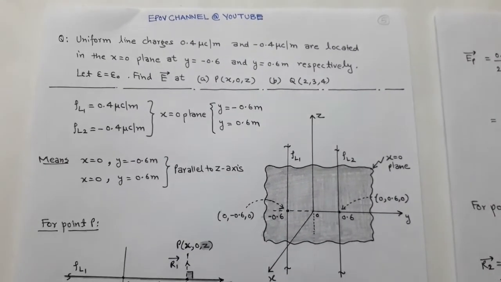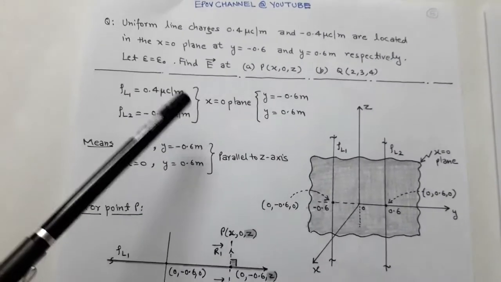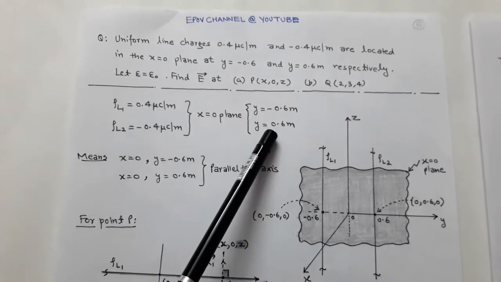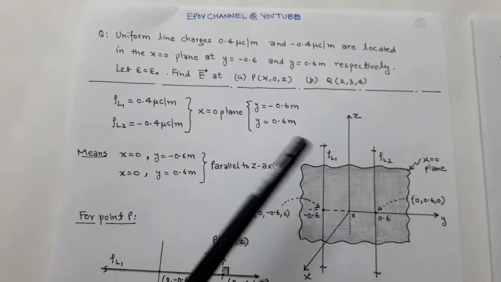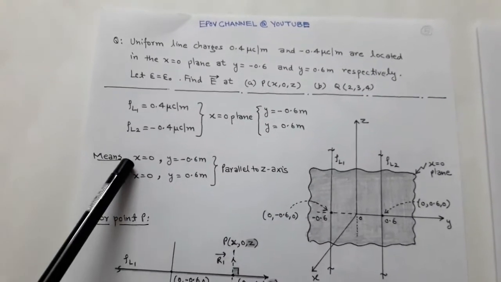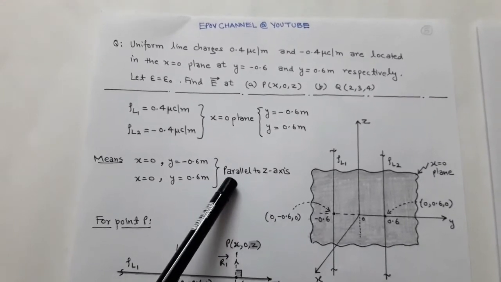Now, since here the 2 points are given, x equals to 0 and y equals to minus 0.6 and y equals to 0.6, means x and y are given. So these line charges are parallel to z-axis.